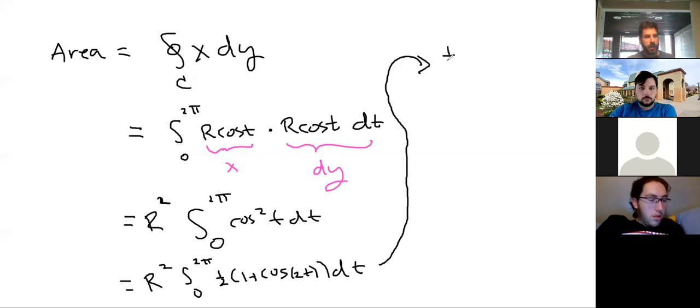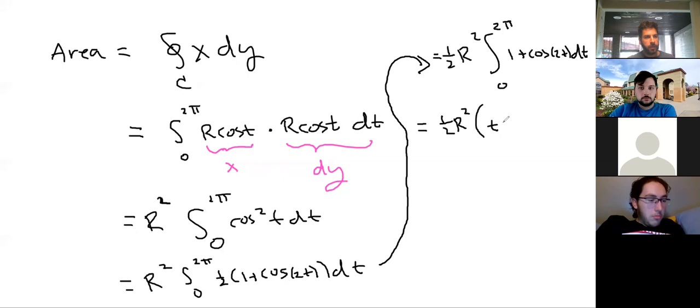Which is 1/2 r squared. And now let's just write it out slowly for the people at home. 1 plus cos 2t dt. So it's 1/2 r squared. Now this is an integral from back in the day.